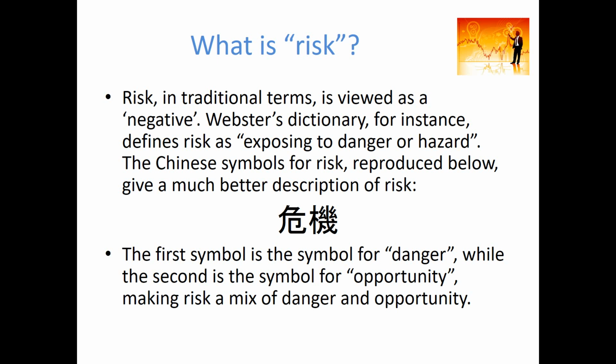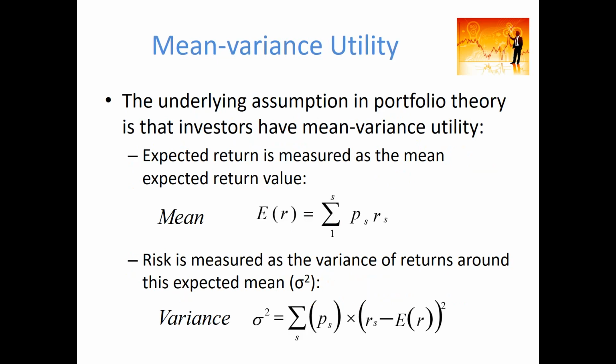So when we think about trying to maximize an investor's utility, when we think about the ideas of risk and return, the most commonly used measure of utility in financial markets and in portfolio theory for evaluating the performance of a portfolio is mean variance utility. Mean variance utility is really important because it assumes that the investor's utility comprises two elements.